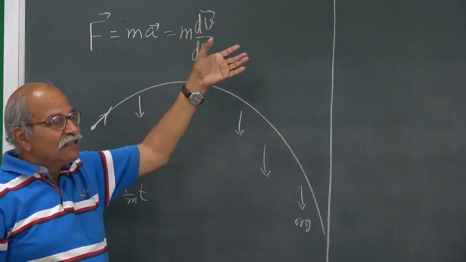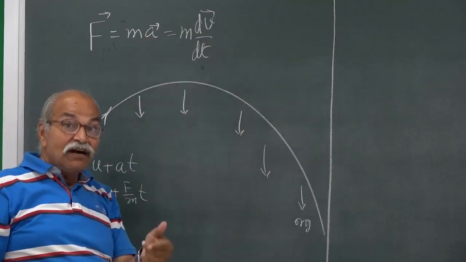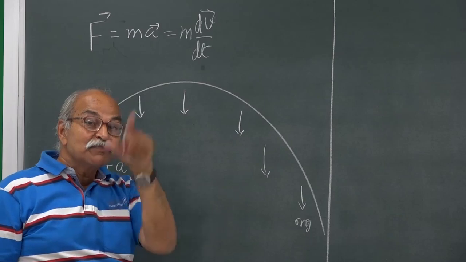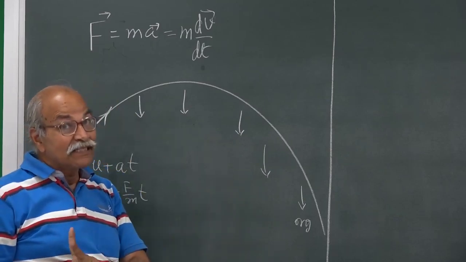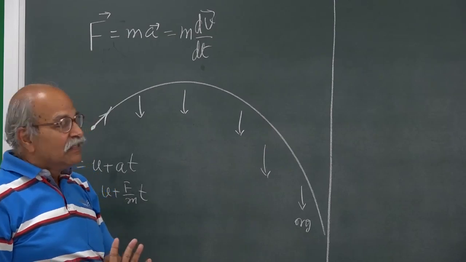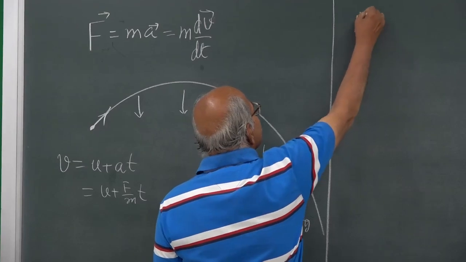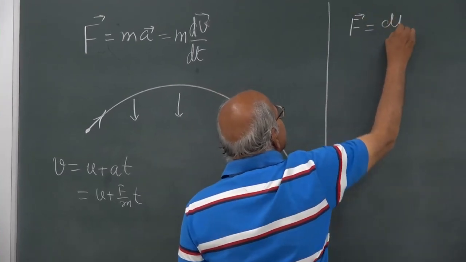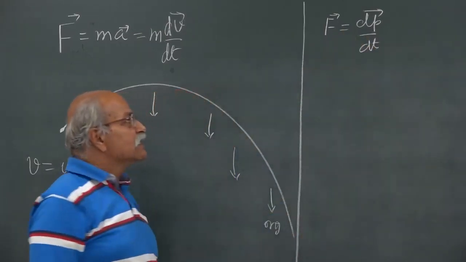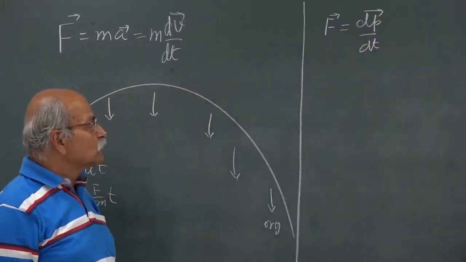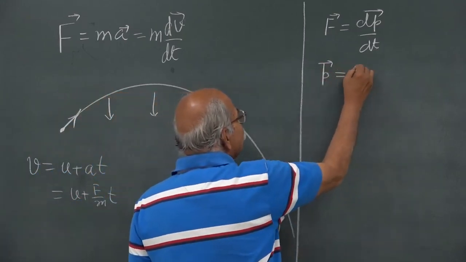So, the real laws of motion are somewhat different from this, which describe the experiments nicely and which are invariant under Lorentz transformation. We have seen that we write this as F is equal to dp/dt. This is okay in relativistic regions also. The only thing is this p is no more mv.